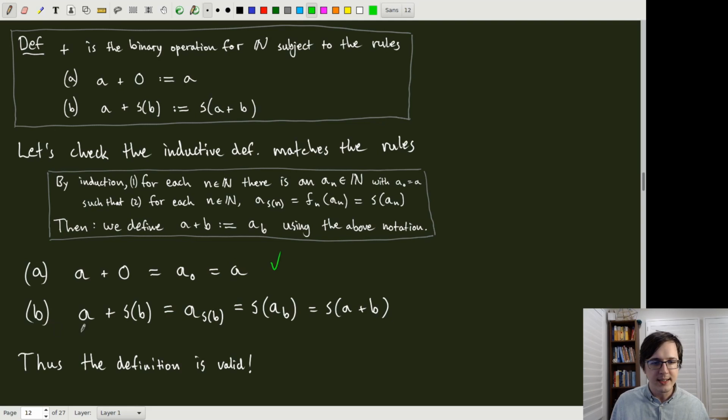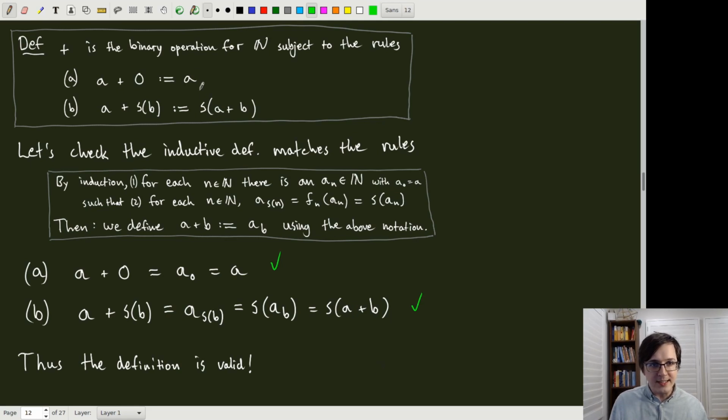And for B, which is that A plus the successor of B is the successor of A plus B. So A plus SB is, as we defined, A sub the successor of B. And according to 2 in the conclusion of the induction principle, A sub S of B is S of AB. And so S of AB, as we have defined, is S of A plus B. So property B also holds.